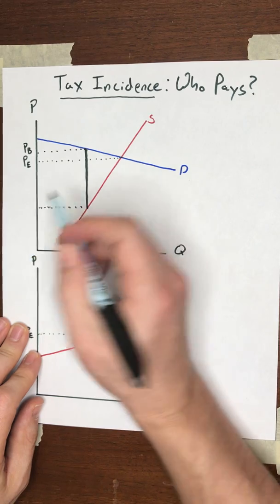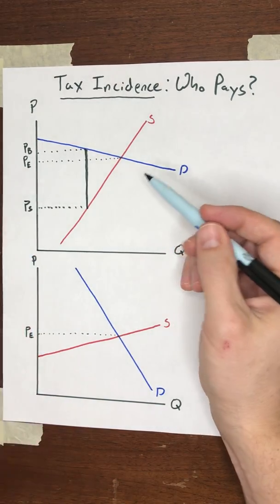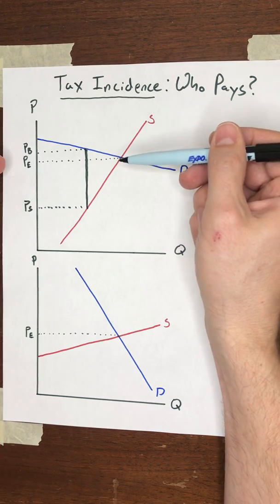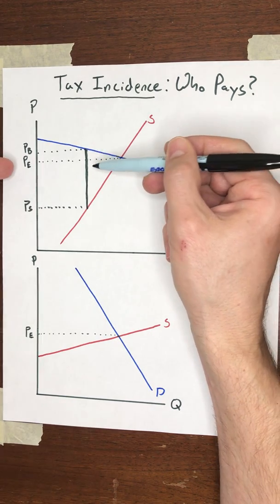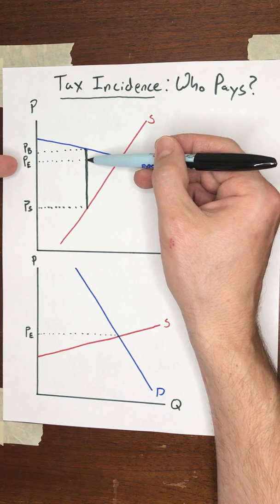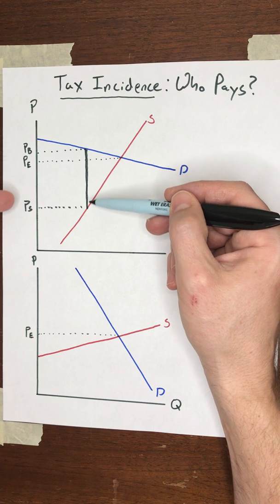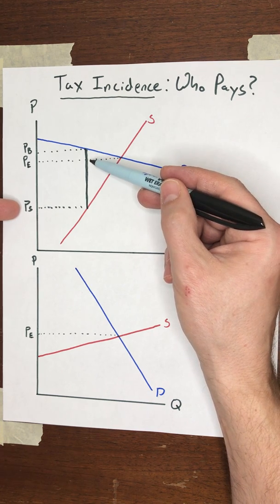Where it hits the supply curve, the price that the sellers receive. Okay? And so it should be pretty obvious to you that the price that the buyers have to pay is pretty close to the old equilibrium price. In other words, they don't bear much of the cost of the tax. All right. The sellers, on the other hand, their price has been forced down way below what it was in equilibrium.